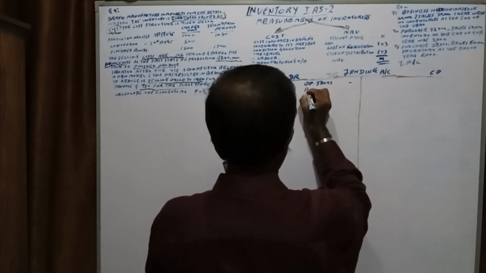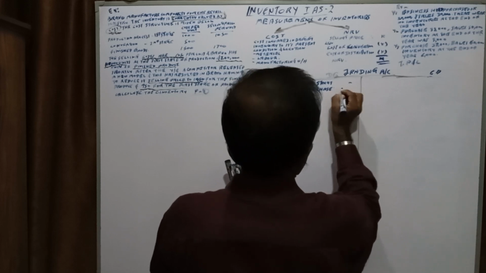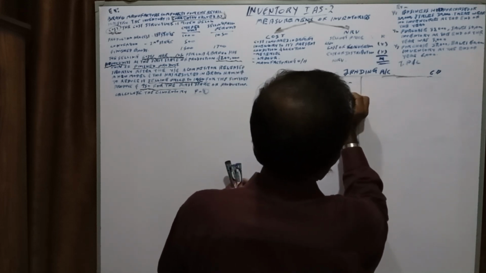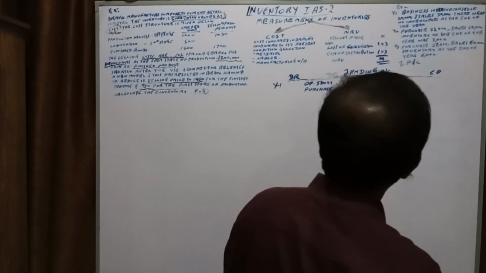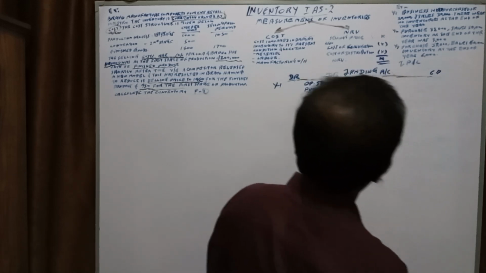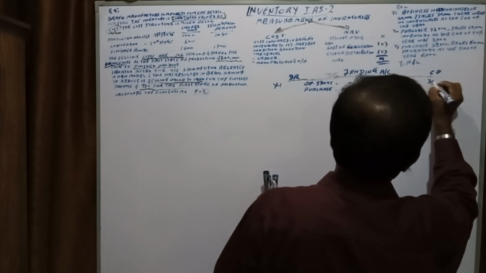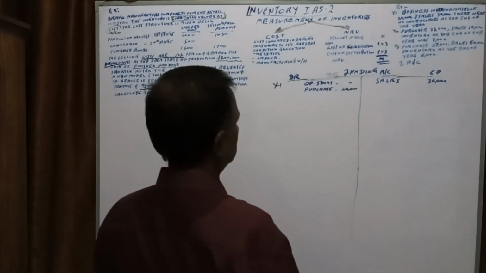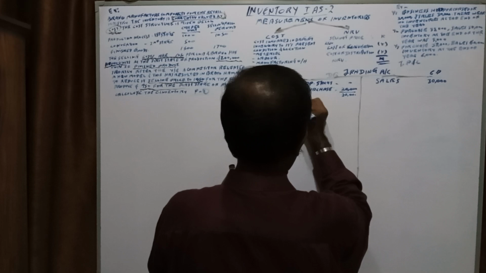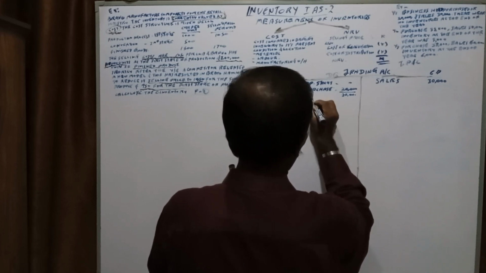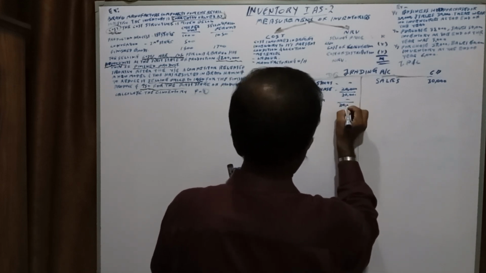Then purchases of 20,000, and they said sales was 30,000. 20,000 less closing stock nil, and you are arriving at 20,000 cost of sales.